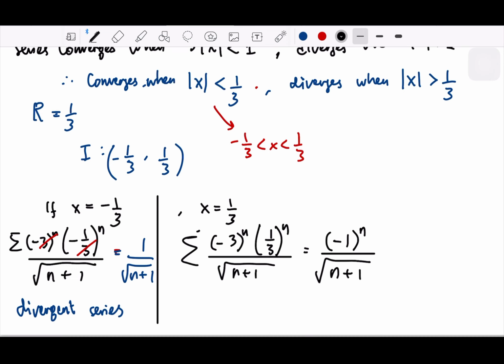And if we look at the alternating series, the sequence will be decreasing in value, and the limit is 0, right? The limit is 0. So we can say that this converges by the alternating series test.